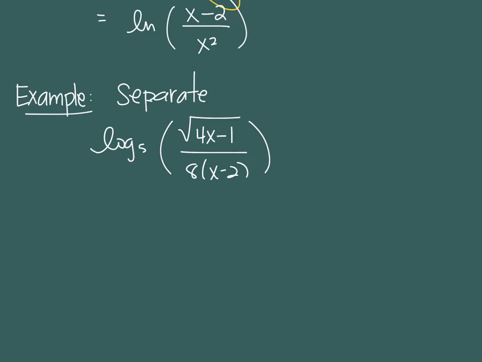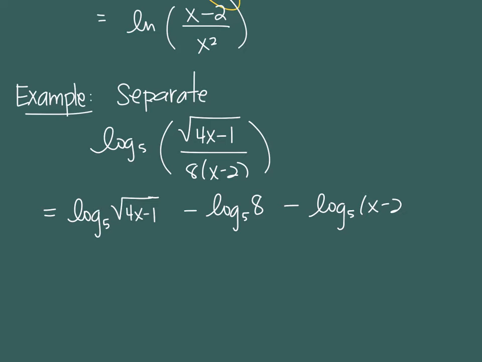All right, first we separate. Log base 5 of rad 4x minus 1 minus log base 5 of 8 minus log base 5 of x minus 2.